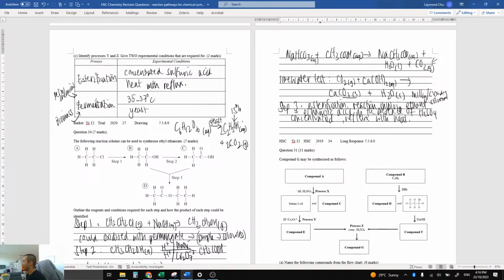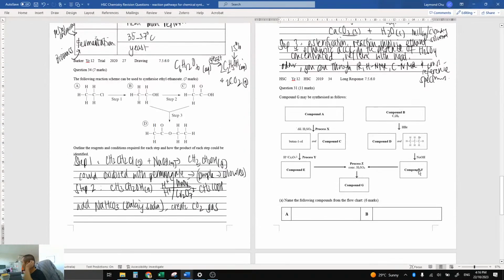How the product of each step could be identified. How do you identify an ester? It's usually got an odor to it. You can run it through IR, HNMR, CNMR, and cross-reference spectrums. Cool.